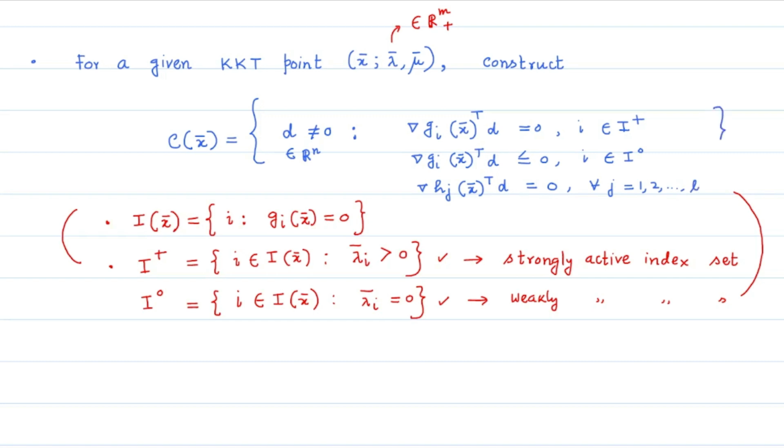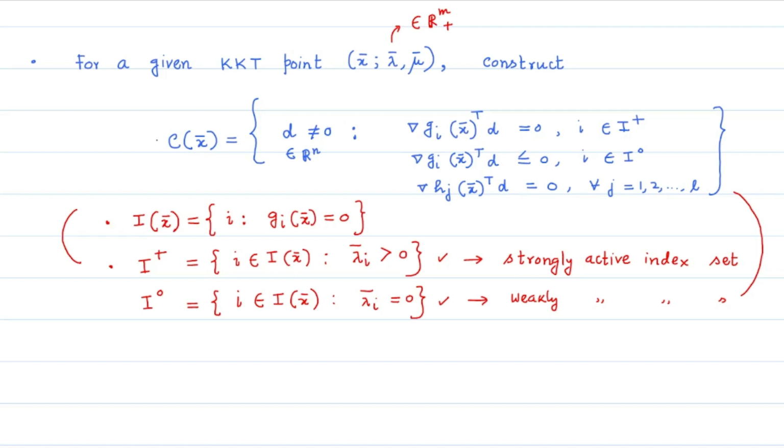You consider these directions d which satisfy all these three conditions, and accordingly we consider this set. Notice that this C(x bar) is a cone provided you also include the null vector inside this set.